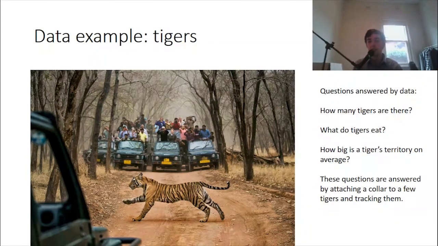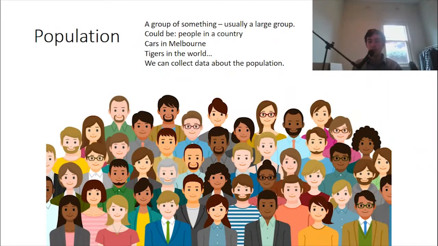That's the idea. Okay, so now we're going to get into what are the terms used in statistics. What are these words and what do they mean? So population is a group of something. It's usually a large group.